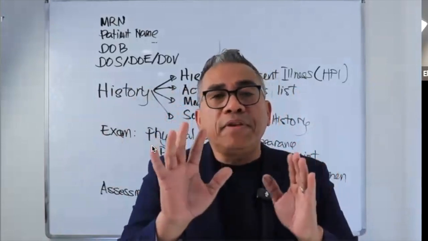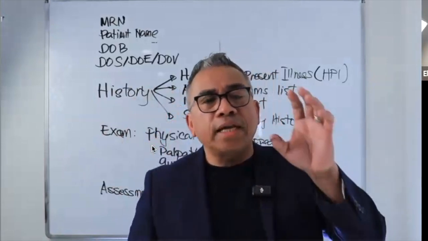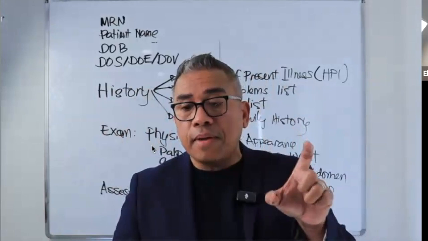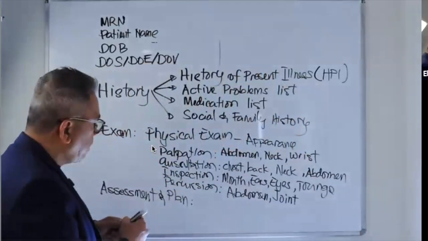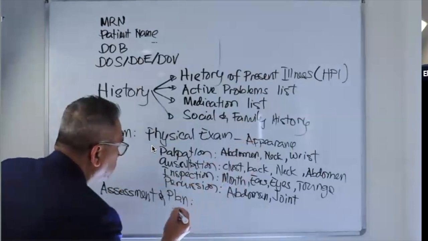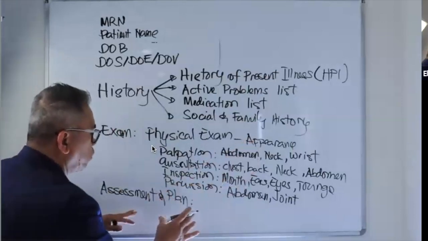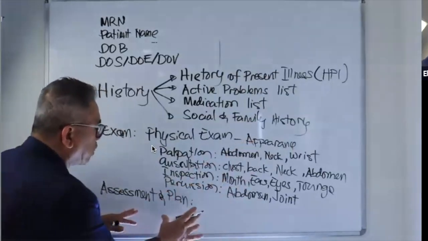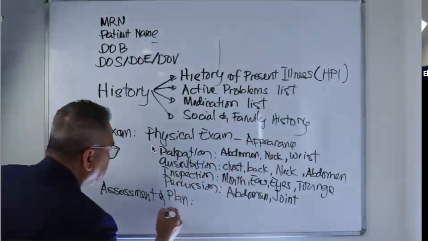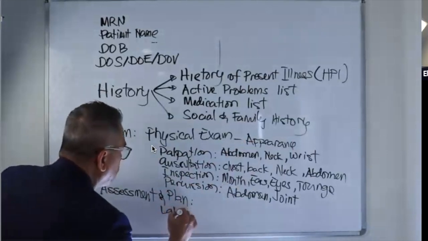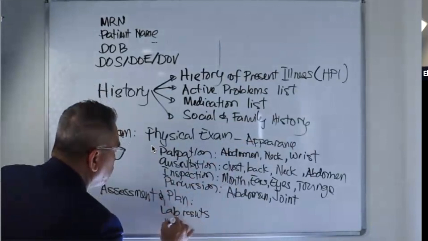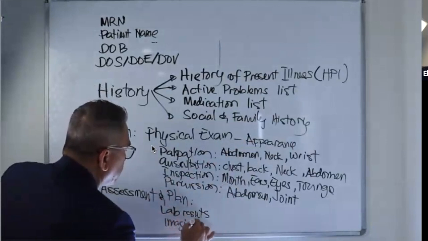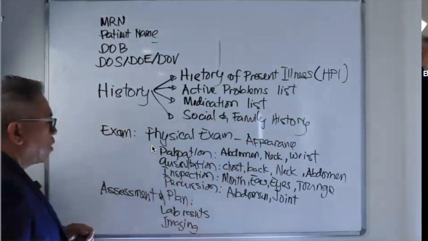Now, before the doctor does that, in the assessment, that part of the medical record, guys, you will see the doctor will document or report in the assessment and plan lab reports, right? Or lab results. What else? Imaging. Okay, imaging. What else?